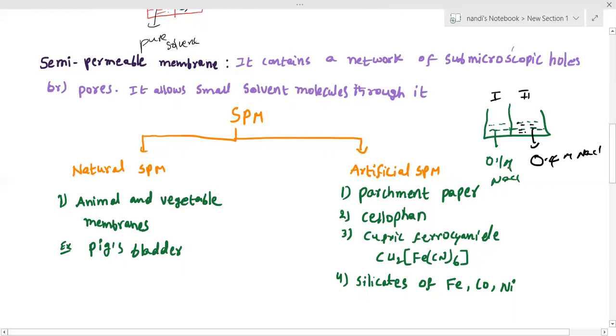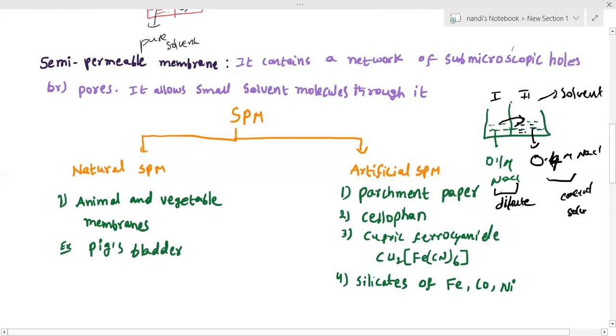Solvent moves from high concentration of solvent to low concentration of solvent. This is 0.4. So here solvent is less, here solvent is more. So from compartment 1 to compartment 2, solvent can move. Understood? Or dilute solution to concentrated solution. Is it correct? Which can move, sir? Only solvent molecules.